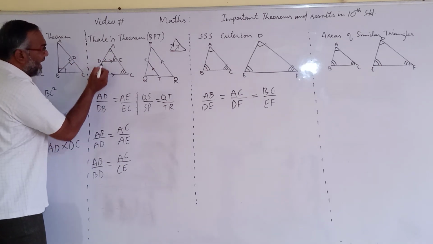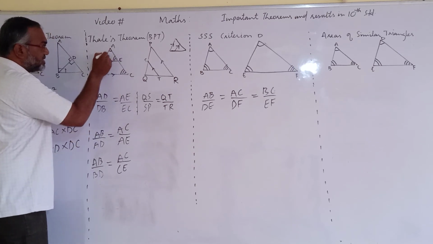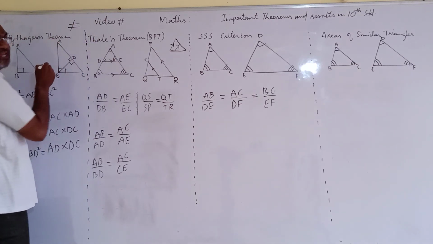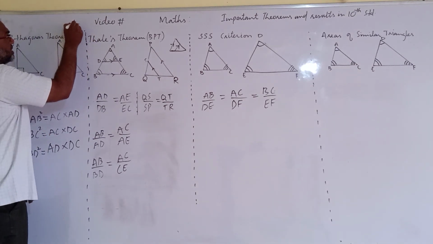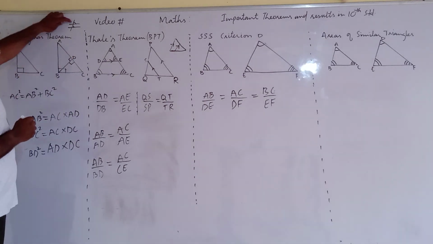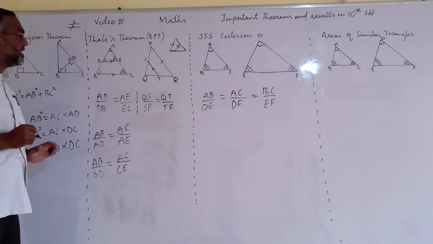Then D and B are also equal because these two lines are parallel and this is a transversal. When two parallel lines are cut by a transversal, the corresponding angles formed on the same side, one exterior and one interior, will be equal. They are called corresponding angles. You have studied this in 8th and 9th standard, right?